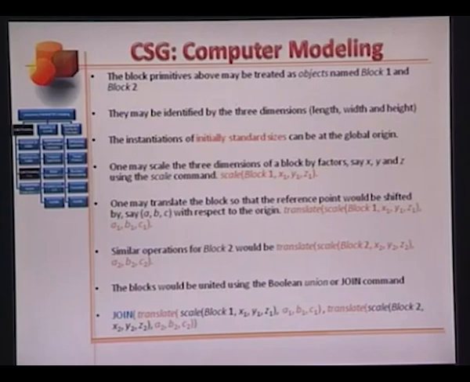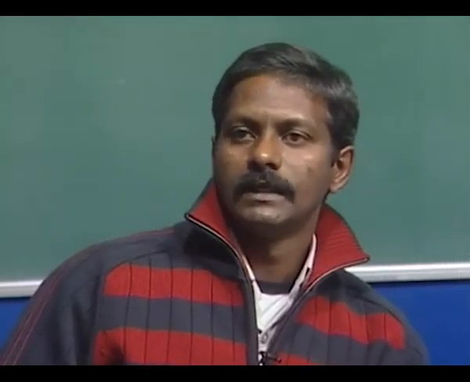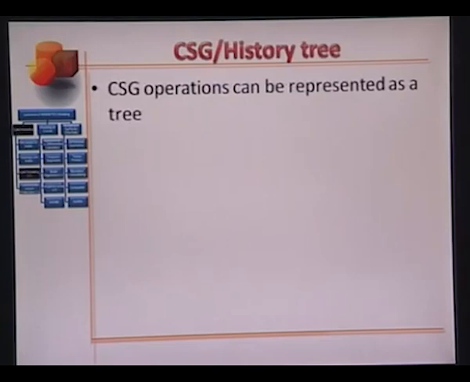This is how the entire operation would look in text. We can represent the same operation graphically using the history tree. Like I said, CSG operations can be represented as a tree graphically.